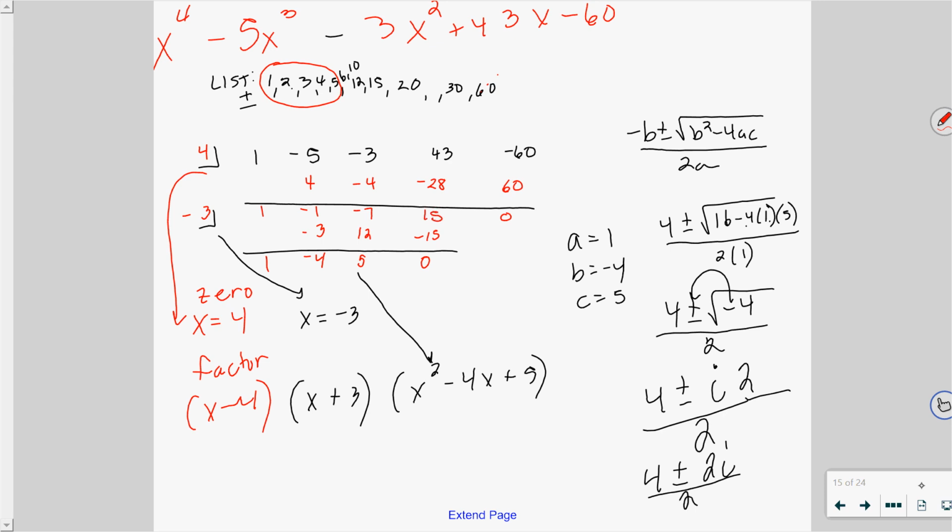Can I simplify that? Sophia, what do you want to simplify it to? Very good. That's it, right? 2 plus or minus i. 4 over 2 is 2. 2 over 2 is 1.